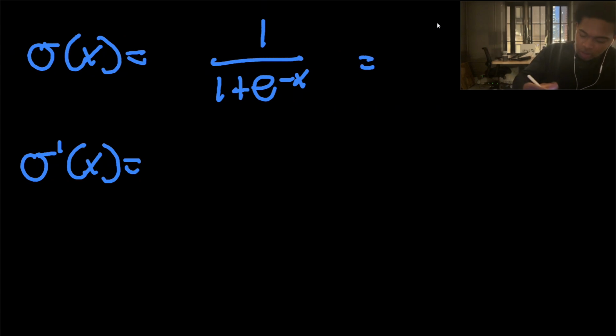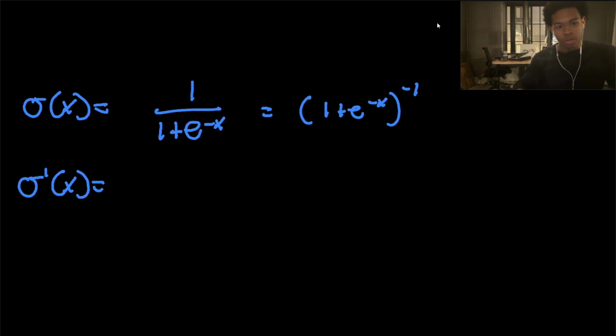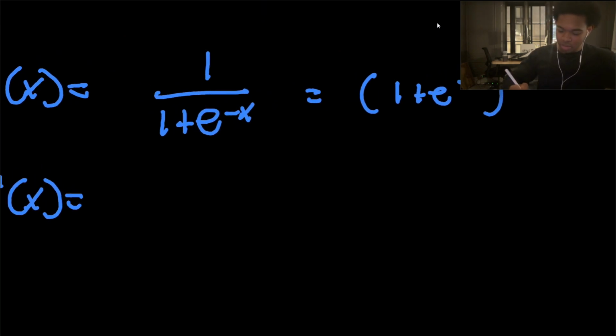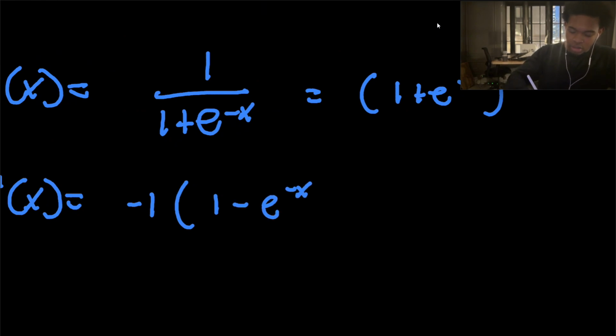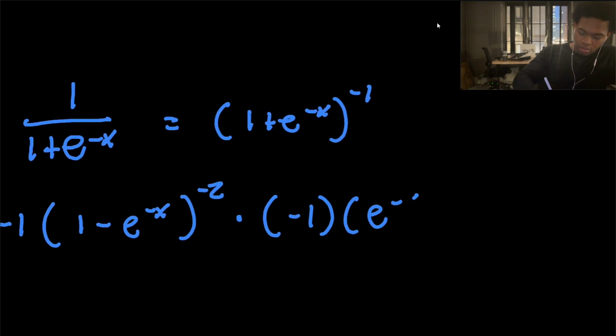I would write this equivalently as 1 plus e to the minus x to the power of minus 1, because I don't know how to do the division rule for calculus. I only use the power rule. So we're going to have -1, and then that is going to be times -1 times e to the minus x.